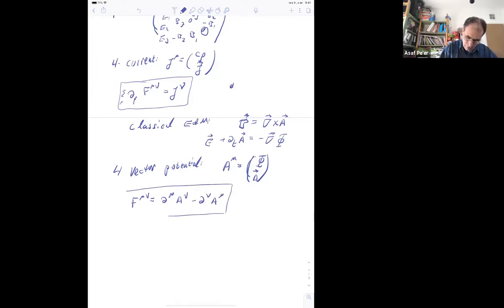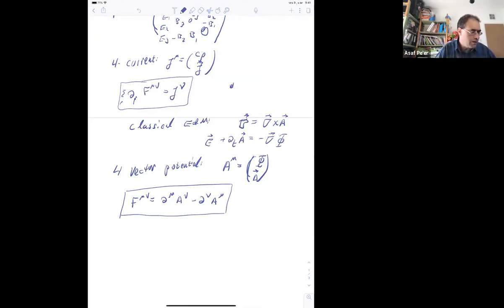Again, nice, elegant, symmetric, very nice. Contains the same information that is in the original Maxwell's equations. Only the relativistic invariance here is very clearly manifested. It's very clear all the symmetries that happen here.